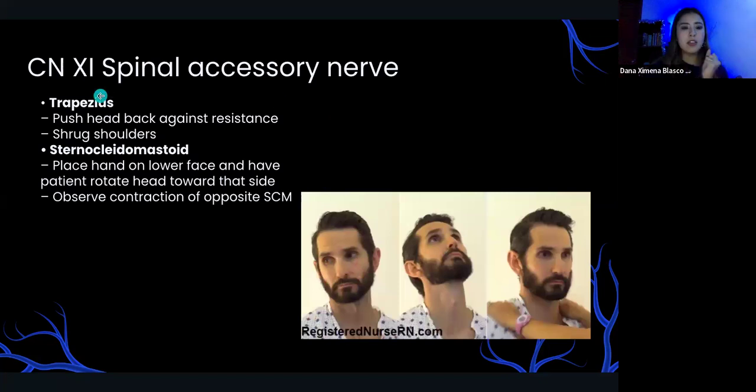Then, cranial nerve 11, spinal accessory nerve. For spinal accessory nerve, we're going to locate ourselves in front of our patient, and we're going to evaluate trapezius and sternocleidomastoid. First, we're going to put our hands on the shoulders of our patient, and we're going to ask our patient to shrug shoulders and push head back, okay?